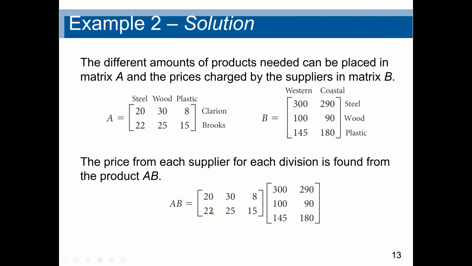Then I'll keep going, take the second row and first column, 22 multiplied by 300 plus 25 multiplied by 100 plus 15 multiplied by 145. And that will be my second row, first column. Then 22 multiplied by 290 plus 25 multiplied by 90 plus 15 multiplied by 180. That will give me the answer for what? Second row, second column.